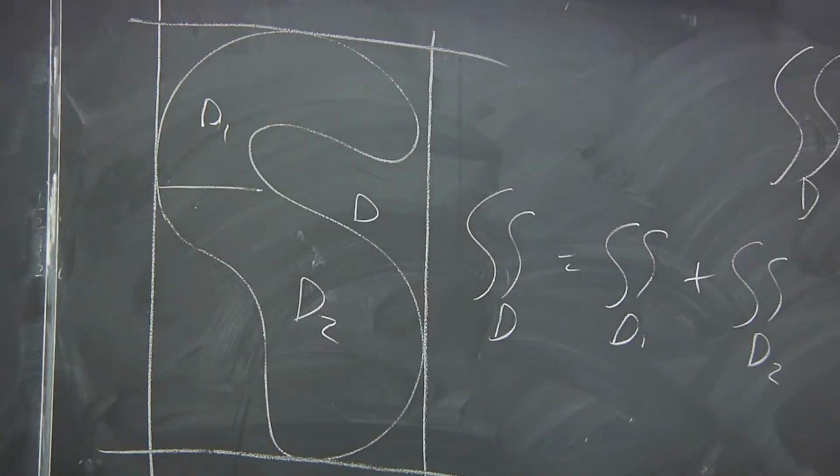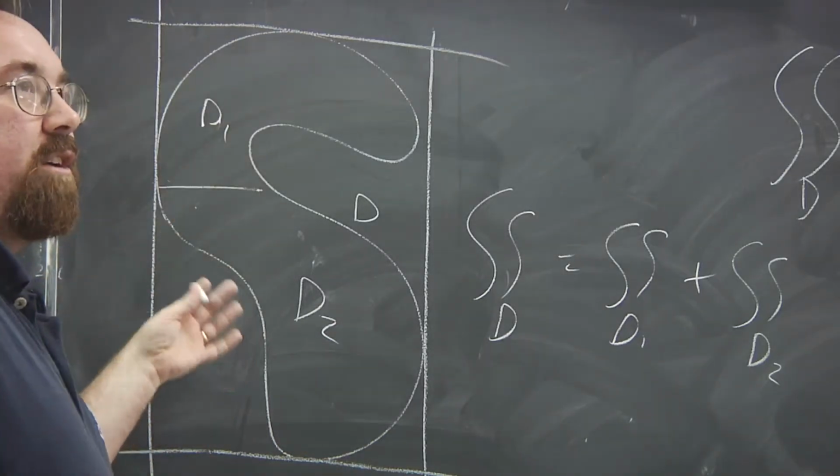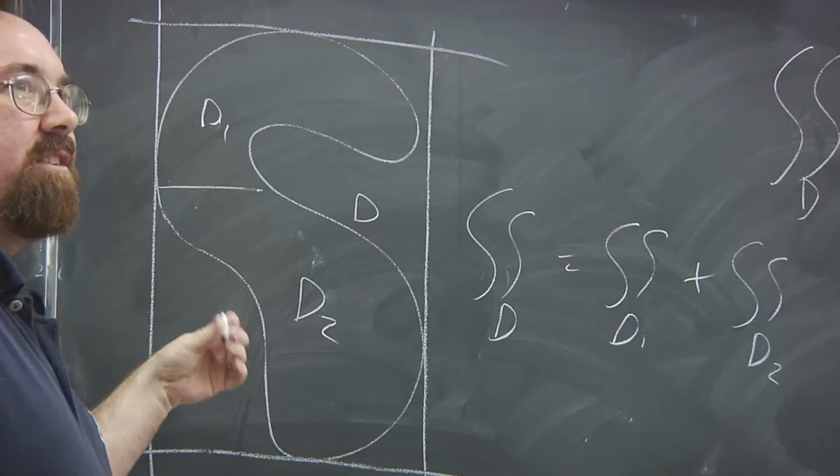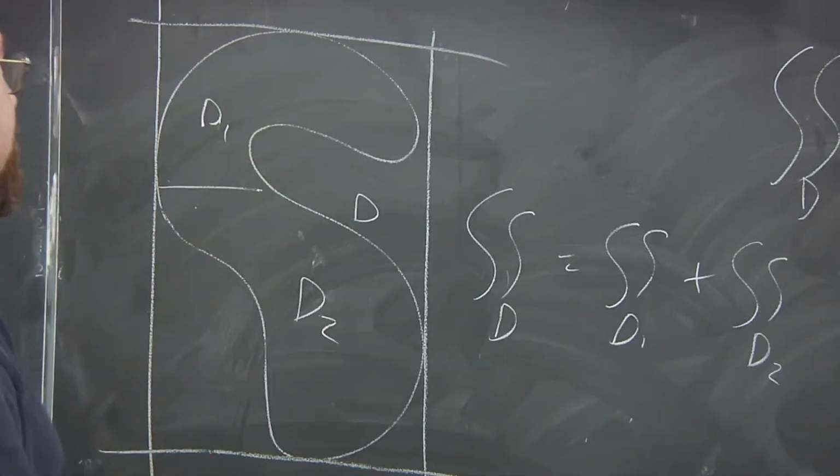So is there something that can be done where you can just take any region in the plane and figure out how to integrate over it, even if it's neither type 1 or type 2? Is there some way to reduce it to integrals that actually can be worked out?